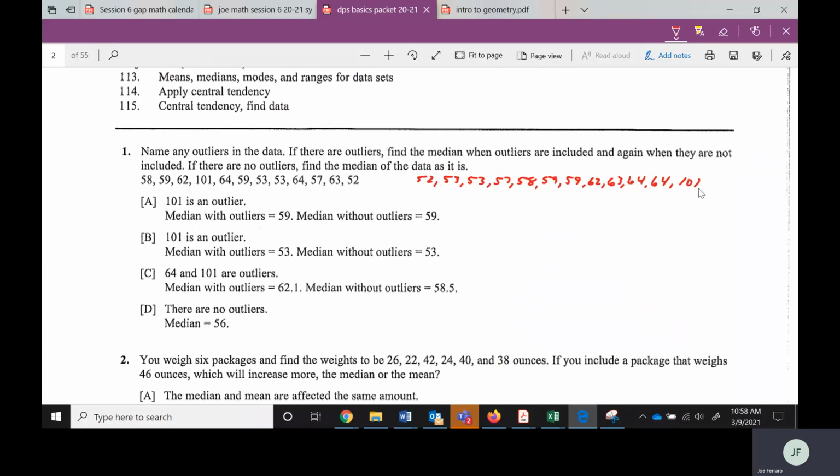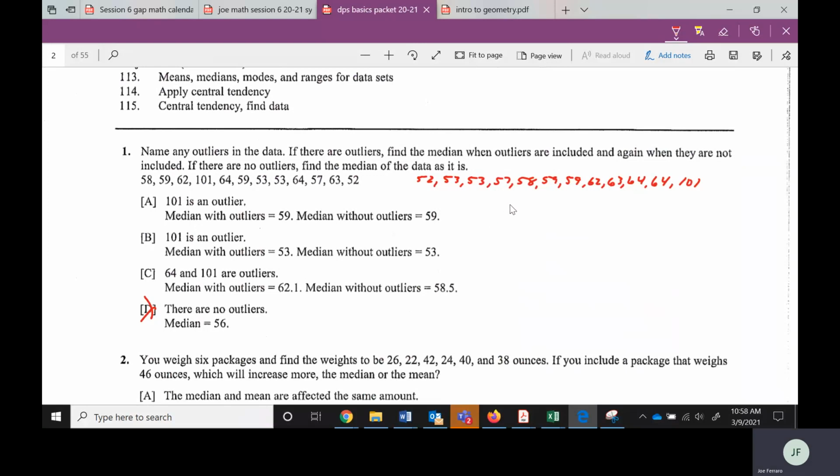Then what we need to do is look at it and think if there is an outlier. I would say all these are in the 50s and 60s, and then we have one that's at 101. So yes, there is an outlier. I would cross off D where it says there are no outliers. I just don't think that's right. I think that 101 looks like an outlier.